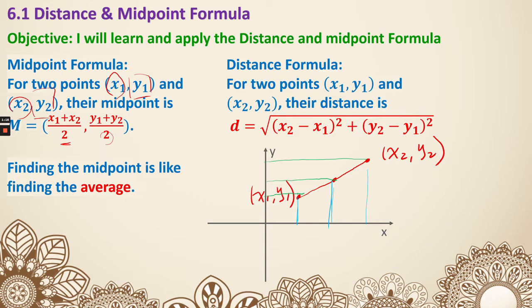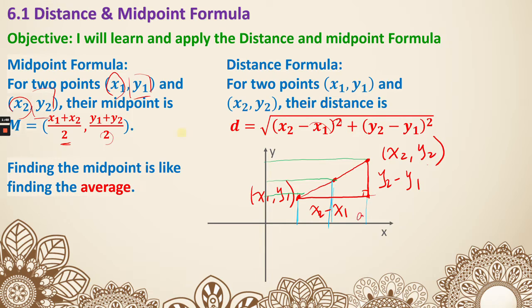As for the distance, we're going to use the Pythagorean theorem to actually find it. So first, I'm going to make my right triangle, and these are basically just a grid. So this portion, that is x1, that is x2, which is why the bottom is x2 minus x1. And this vertical part is y2 minus y1, the difference between y2 and y1. We're representing each leg, then we square them and add them together.